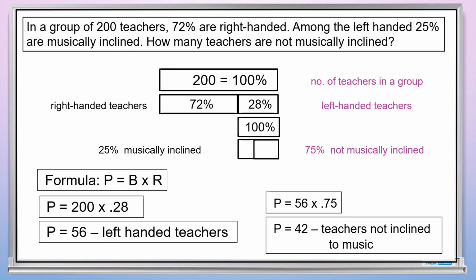Multiplying the two numbers, we have 42 as the percentage. And it is also the number of teachers not inclined to music.